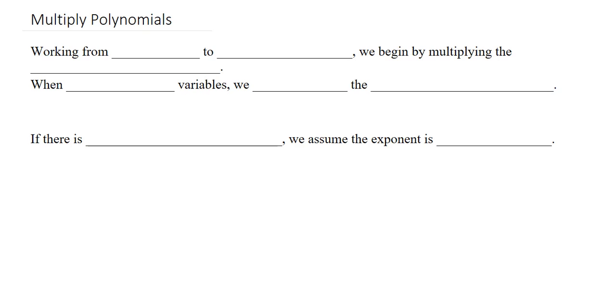Multiply a polynomial. So working from left to right, we begin by multiplying the terms. And then when multiplying variables, we add the exponents.